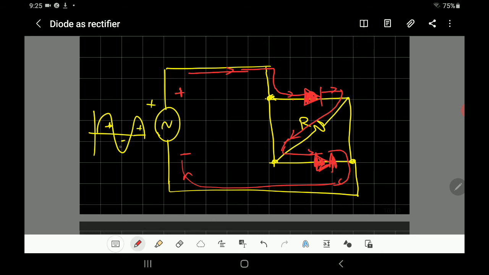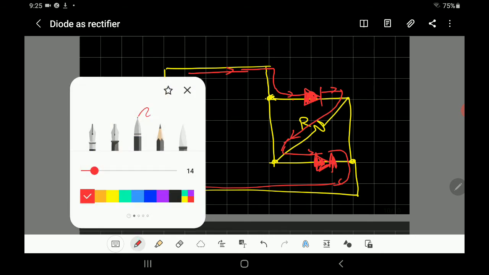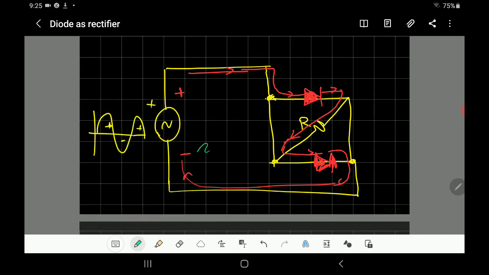Now let's go to the other cycle, the negative. Choose a different color for the negative, let's say green. The negative will go like this, so it wants to go in this direction, so I put the diode in this direction. Then it goes through the resistance. Observe that it's going in the same direction through the resistance. Then it goes back here, so you put the diode in this direction.